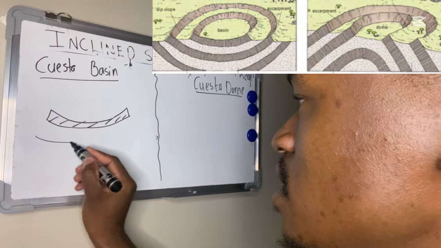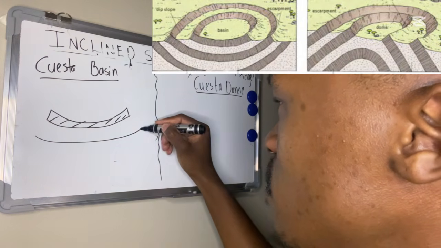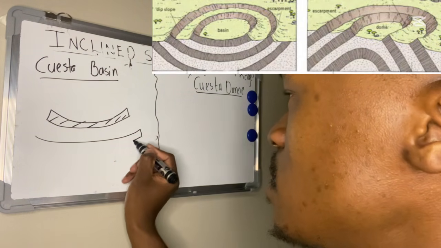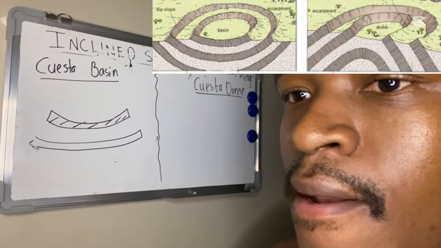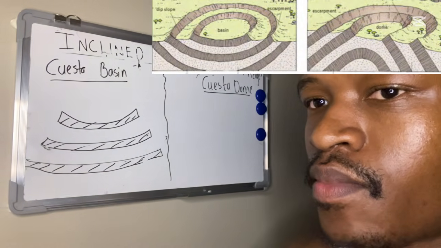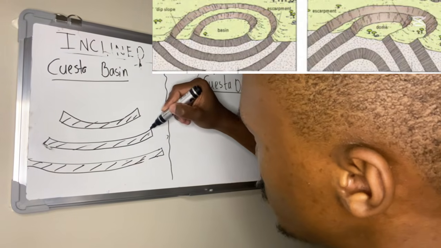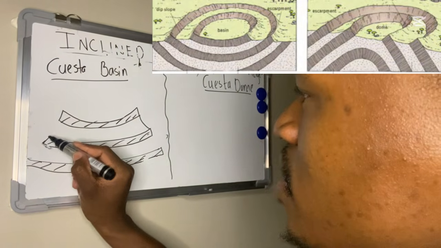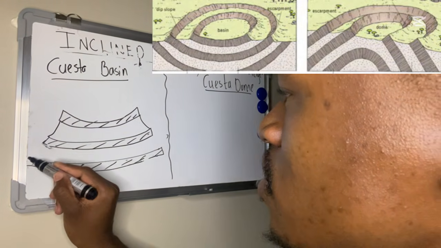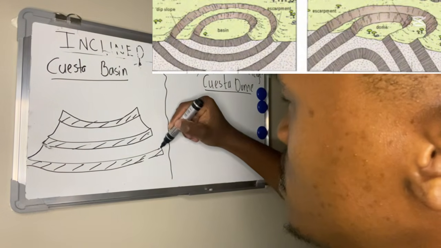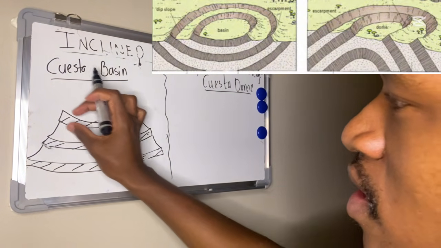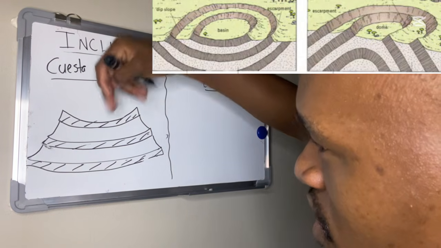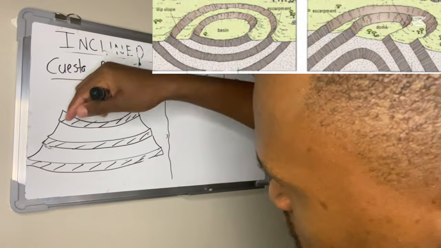Here's my next layer of hard rock. There's my hard rock. Followed by a layer of my less resistant rock, right? I'm sure you can see that. Look at my hard rock, right? It is a circular depression. You see how it's almost like it's sinking. It's not straight.